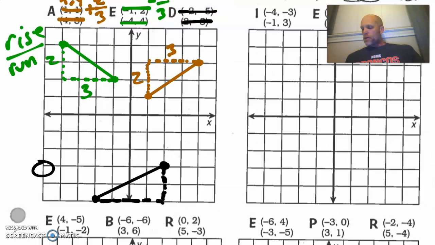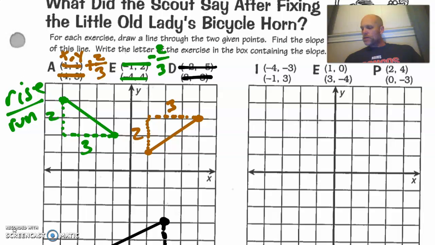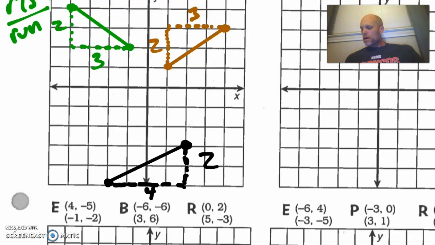All right, so here you are, going that way. Positive or negative? It's positive. Very good. So, rise over run, I have written right there. How tall is it? How long is it? It's 2 tall, and it is 1, 2, 3, 4 long. 2/4, which is the same thing as 1/2.